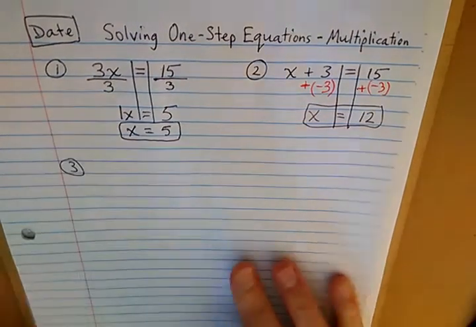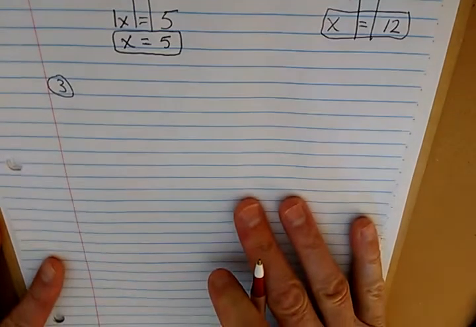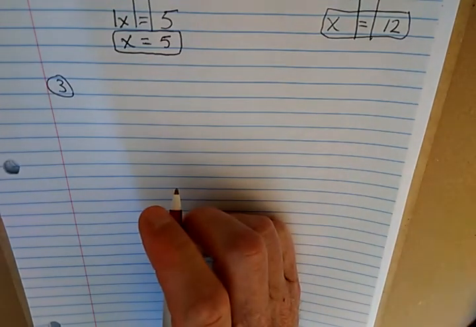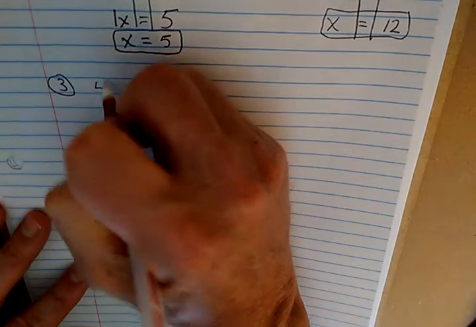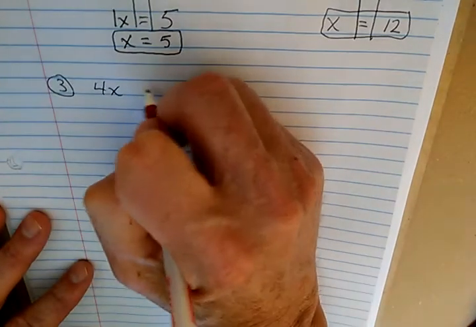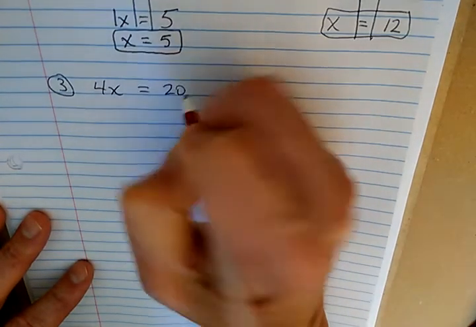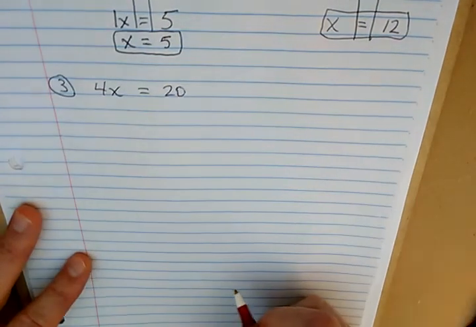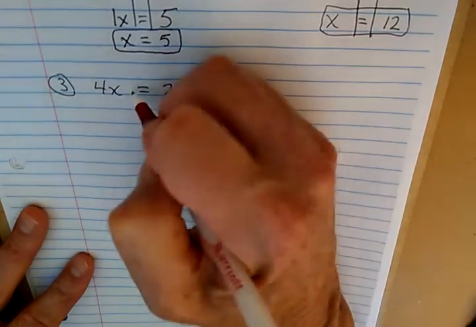Number 3. 4x equals 20. All right, draw our train tracks.